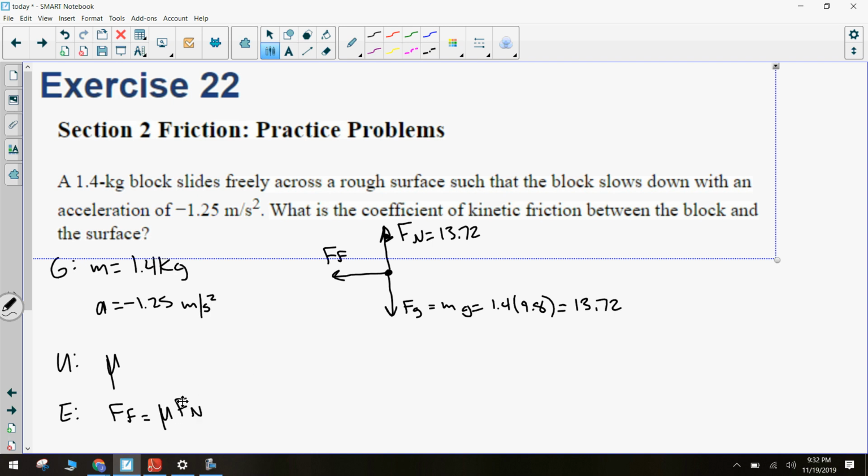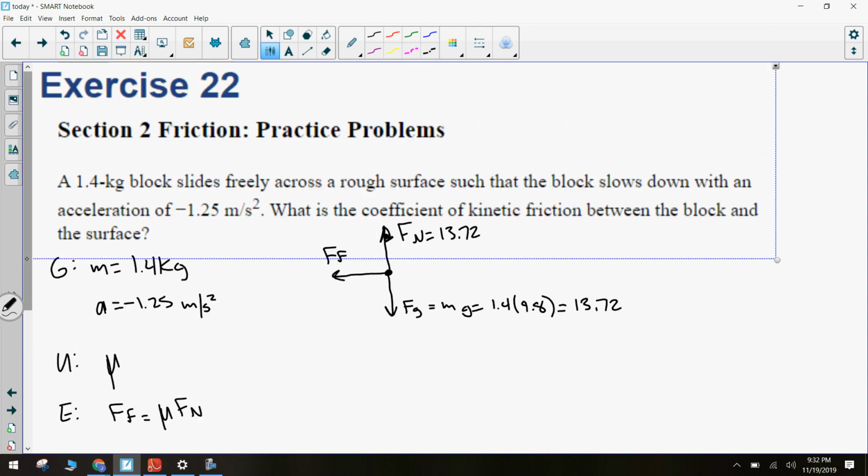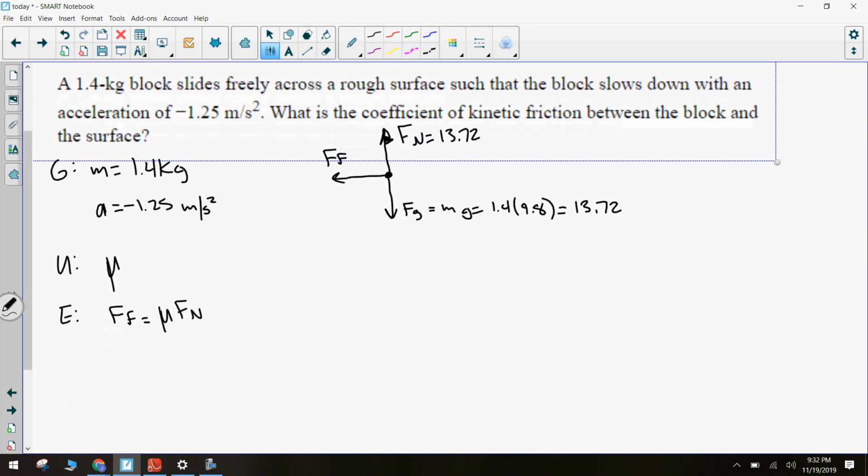That's the force of friction, use the coefficient of friction times the normal force. Okay. And then we're looking for another piece with this acceleration. That's F net is equal to ma.